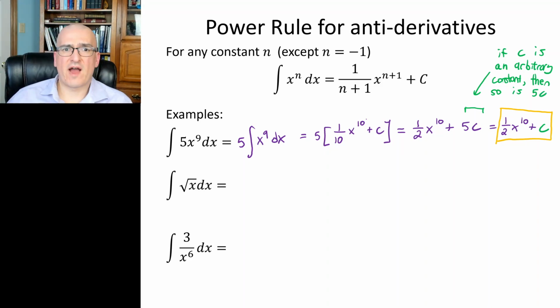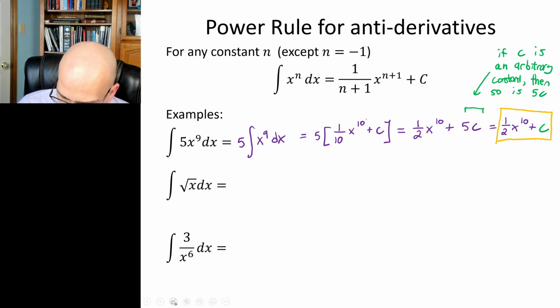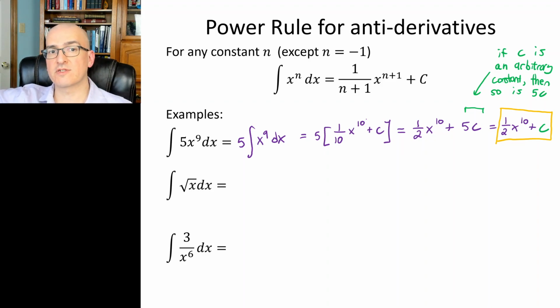So I just got rid of the 5. It's still arbitrary. And from here on, I won't show that anymore. I'll just say plus c. If there's a constant in front of the integral, I'll just ignore it. As far as that constant part is concerned, I'll just call it plus c.